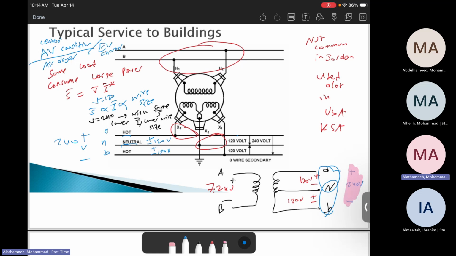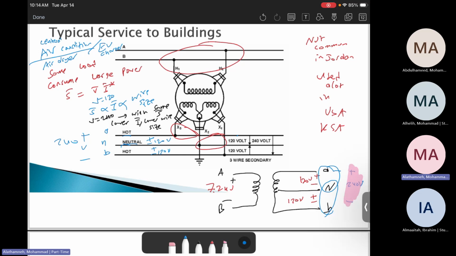So in those devices, 120 volts is not sufficient to supply power for this type of equipment. So we need to have 240 volts. That's why in the USA or KSA, you will see dual voltages, and you will see separated plugs for each one. So 240 is used in central air conditioners, air dryers and some other equipment, while the 120 volts will be used for the other applications.